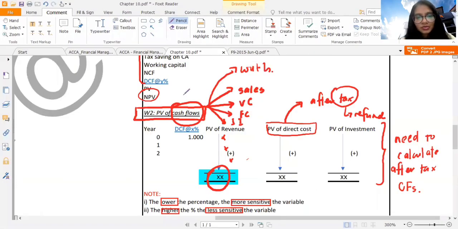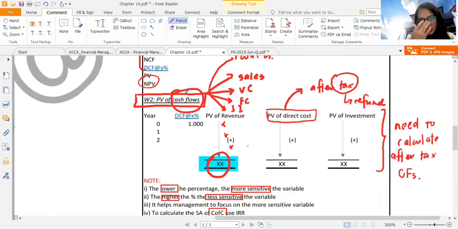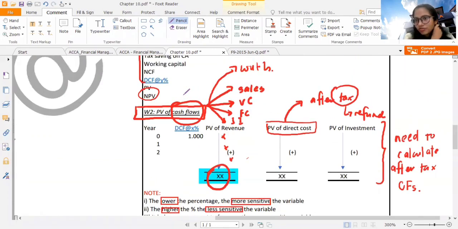Okay, so now I have already shown you exactly how we do the calculation for sensitivity analysis. What I need you to do, guys, is later when I do a question, I want you to pay attention to me doing the question. Why is it very important? Because different methods are normally used to calculate the sensitivity analysis.